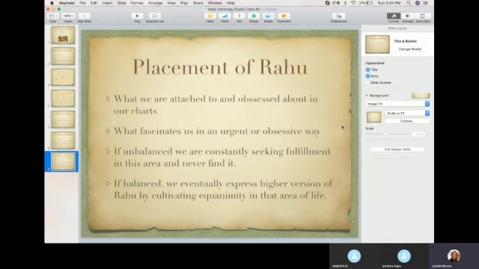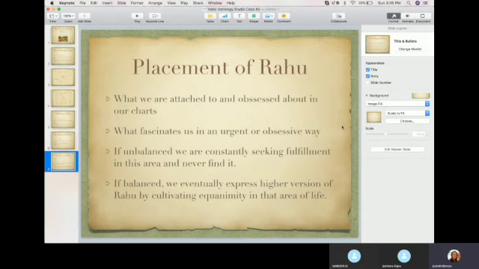We obsess, we're compulsive about it. We're obsessive compulsive. We're usually seeking fulfillment in that particular domain of life, and we can never find that fulfillment. Because as soon as we get whatever Rahu represents, we're suddenly dissatisfied and we need more.